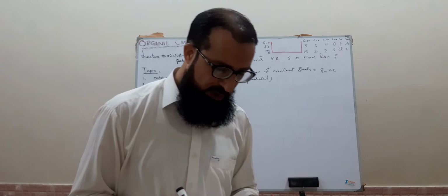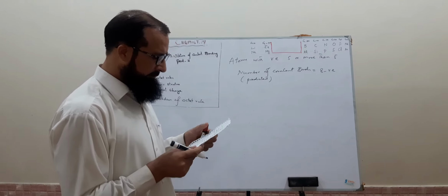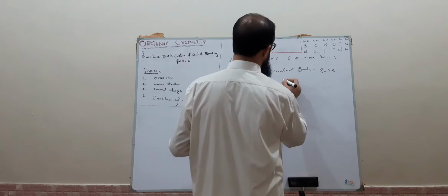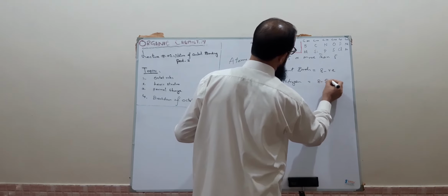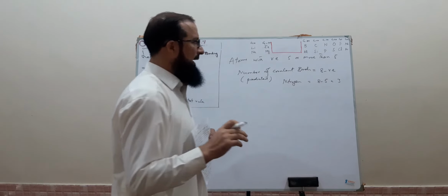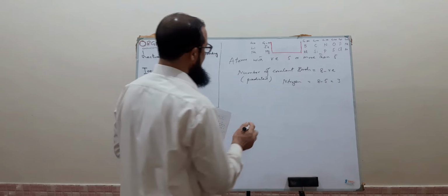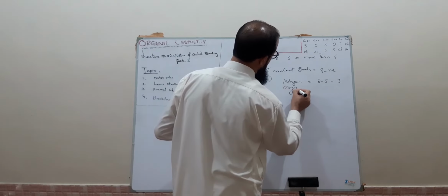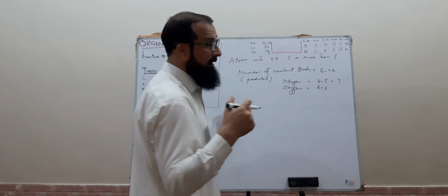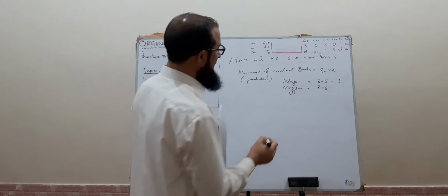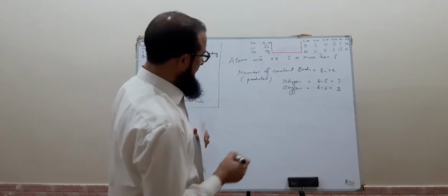For example, for nitrogen, there are 5 valence electrons, so 8 minus 5 is 3. It means that nitrogen can form 3 covalent bonds. For oxygen, we have 6 valence electrons because oxygen is present in group 6, so we have 2 covalent bonds.